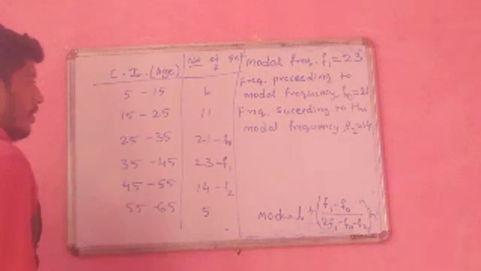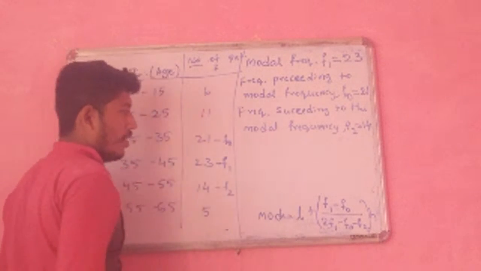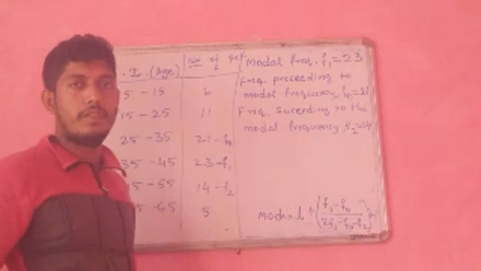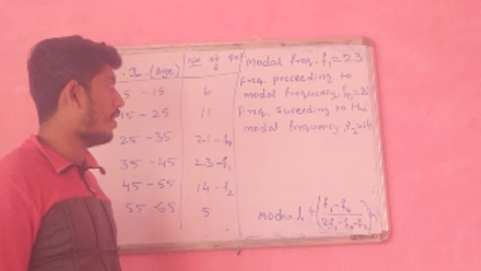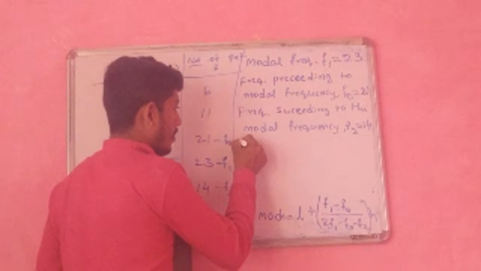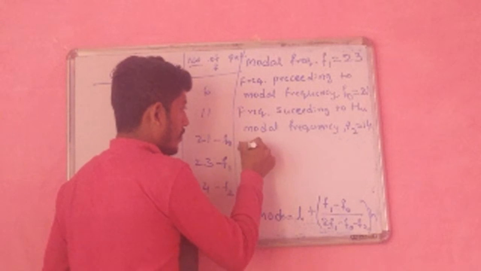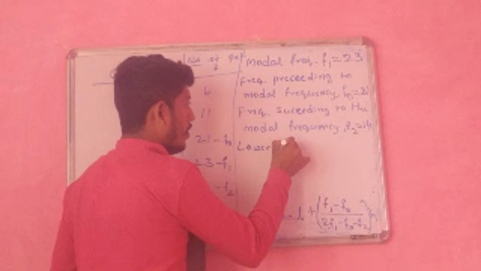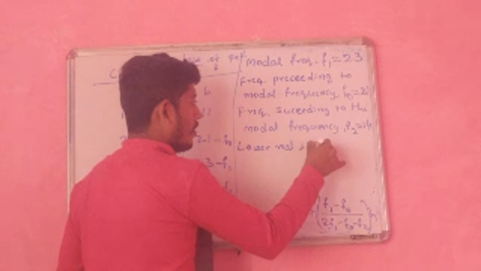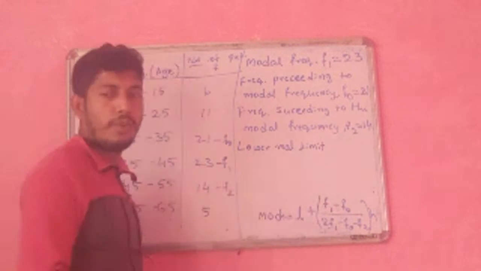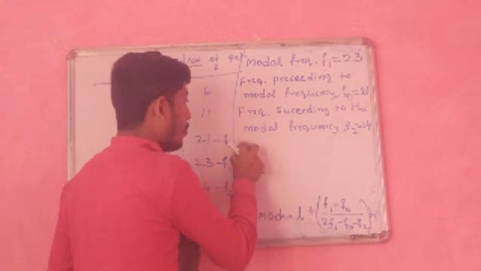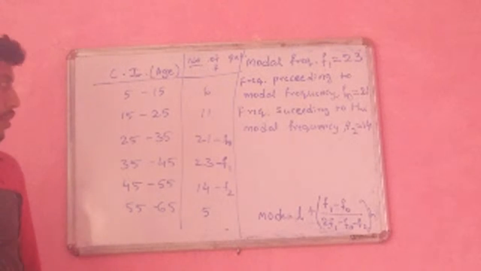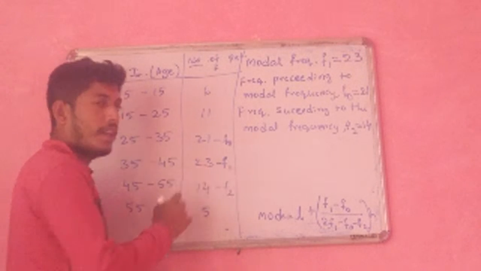The next one, we have to find the value of L, that is the lower real limit. To find the lower real limit, we first have to find which is the modal class interval. Here 23 is F1.